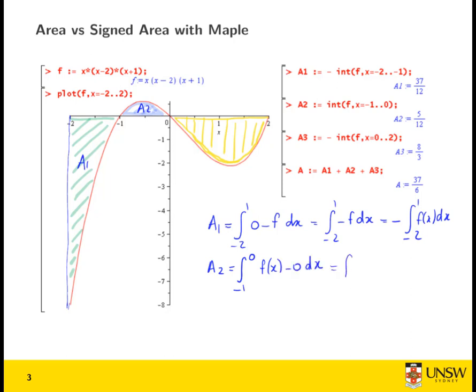So really the integral of f between -1 and 0. When we calculated A3, that's the integral between 0 and 2 of the function at the top, which is 0, minus the function at the bottom, which is f, which is why we're getting the integral between 0 and 2 of minus f of x dx, which is the same as what we get if we put the minus sign on the outside.